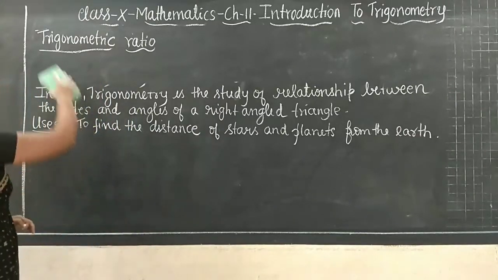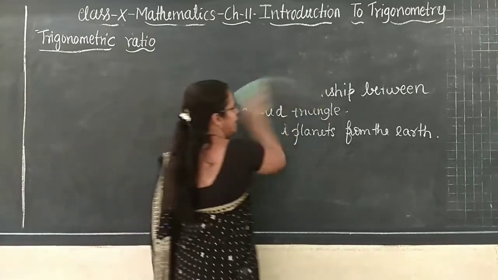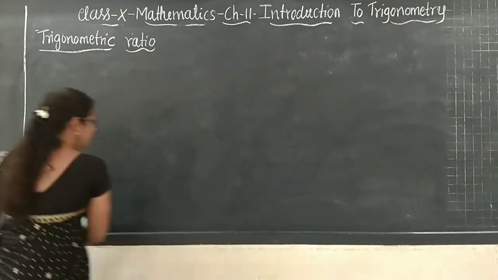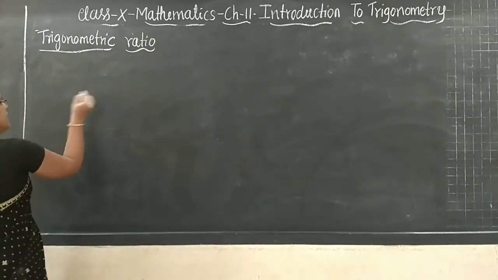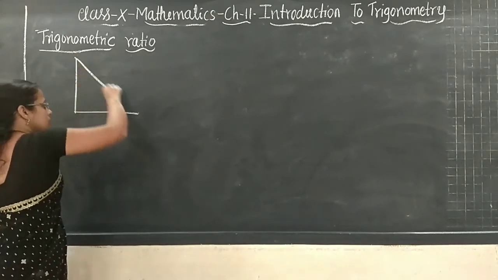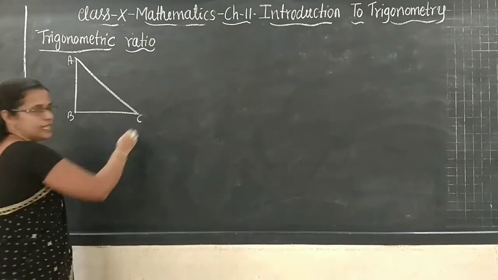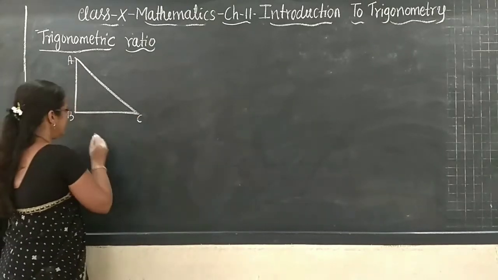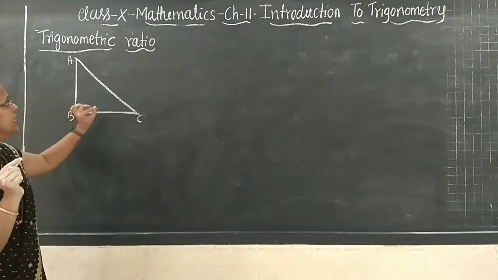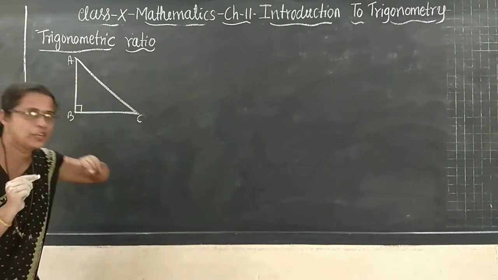So we will take one right angle triangle. ABC is a right angle triangle. Every right angle triangle has the other two angles acute, right?